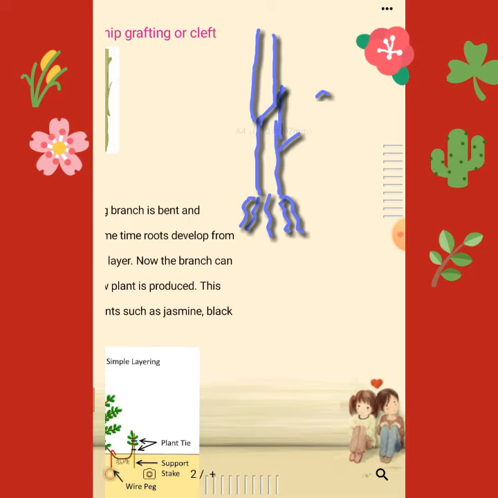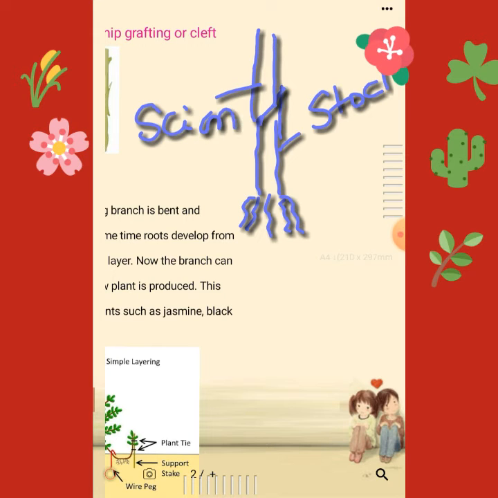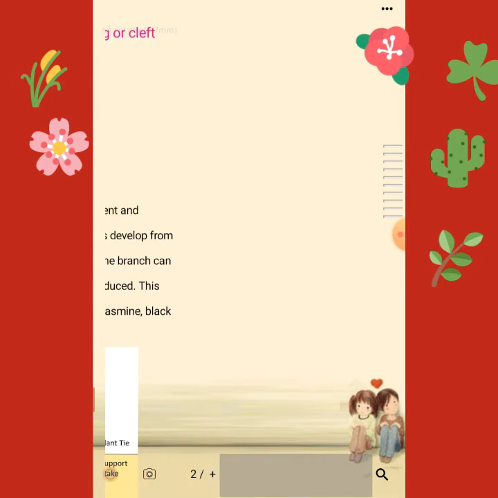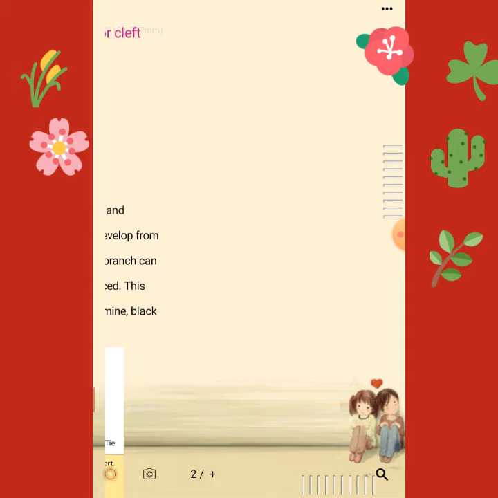On the stalk plant we bring the piece of the scion and we will join them. So let me clarify that clearly. How can they be arranged? Suppose if you see here.